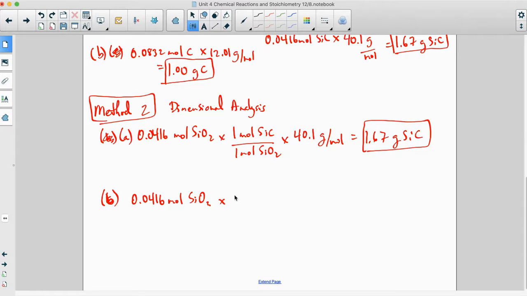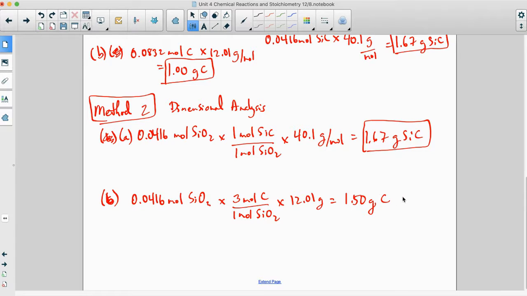So in our balanced equation, that's 3 moles carbon for every 1 mole SiO2, and then multiply that by 12.01 grams. Okay, and when we do that, we see that this comes out to 1.50 grams of carbon.